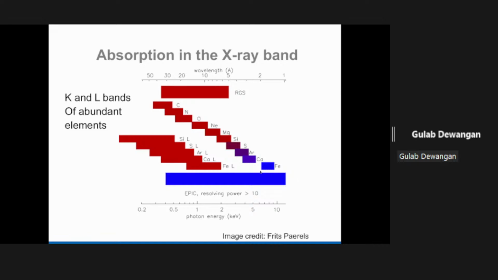And from the neutral iron, if there is a transition from L-shell to K-shell, that gives rise to the 6.4 keV line. So this energy range between 6.4 and 9.1 keV involves the K-shell, and that is why when we say iron K-shell, that is from 6.4 to 9.1.